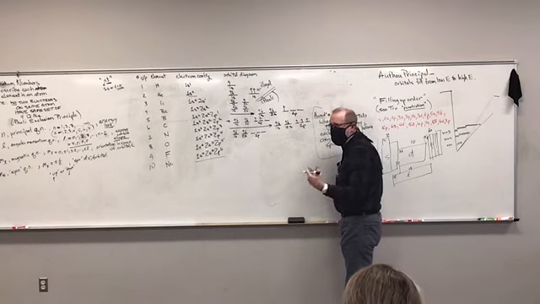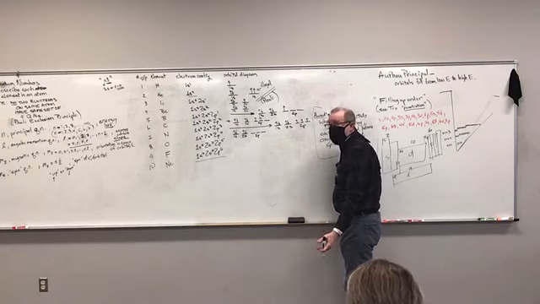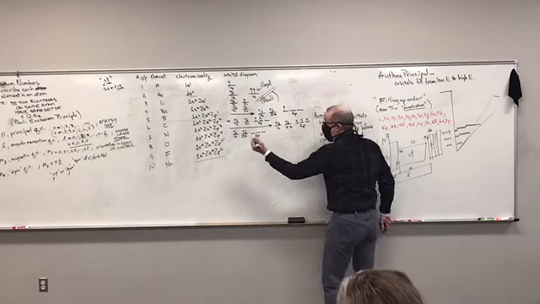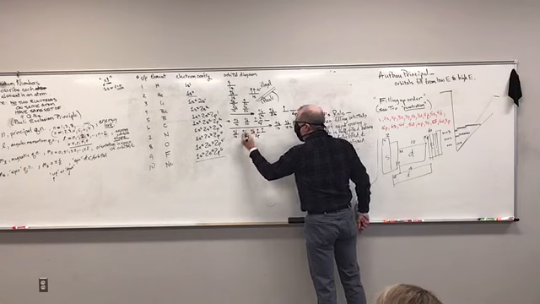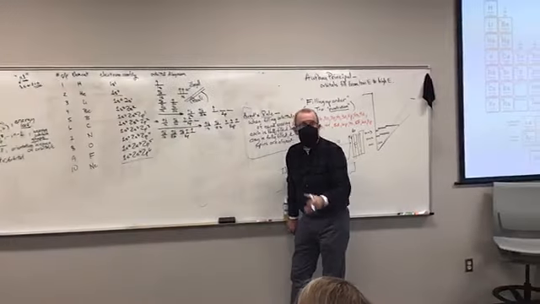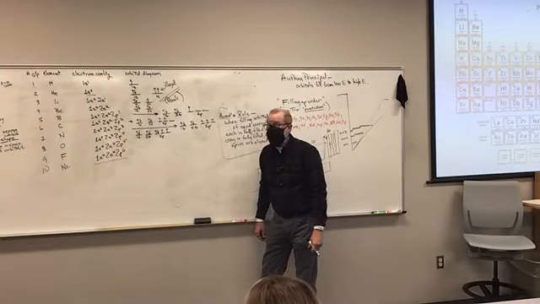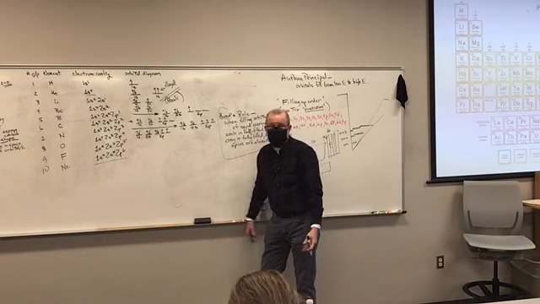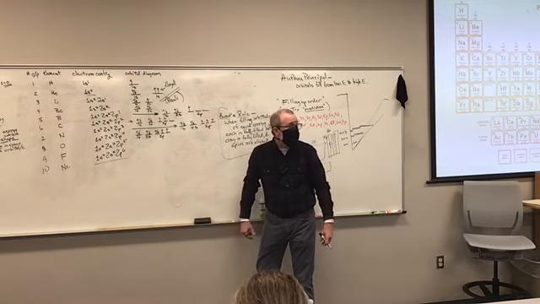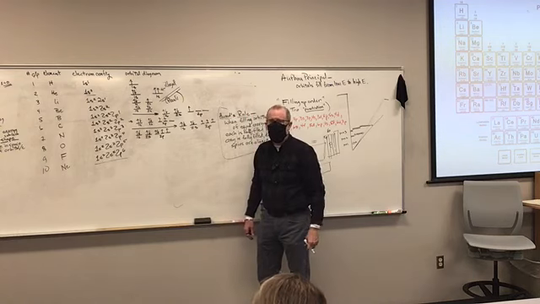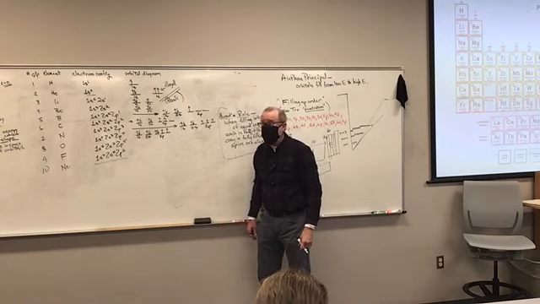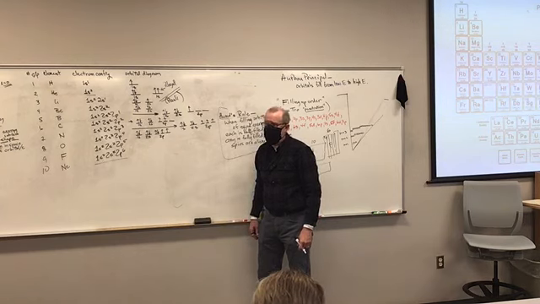I've been doing this for 45 plus years, and I still do it the same way every time. 2p4, 1, 2, 3, 4. I count them out, usually out loud if there's no one in the room, or definitely out loud when there are somebody in the room. Okay, 1, 2, 3, okay, come back, and now I get 4. I could have put the fourth one in any box as long as it's spinning down. Pick one. I start at the left every time.